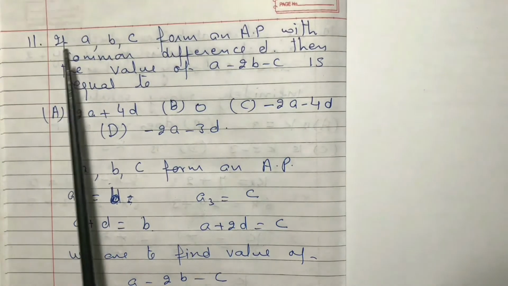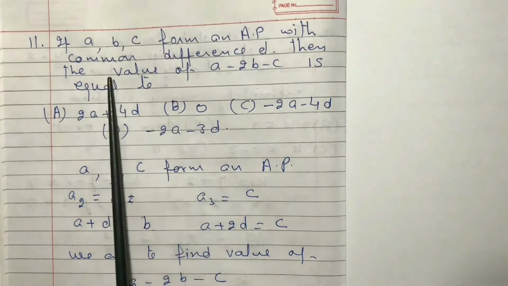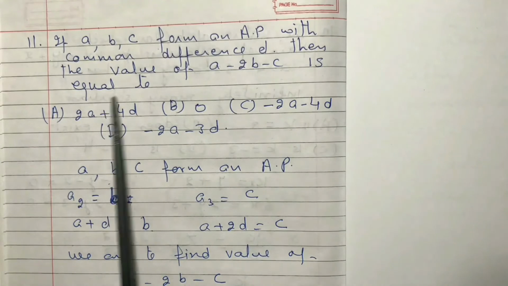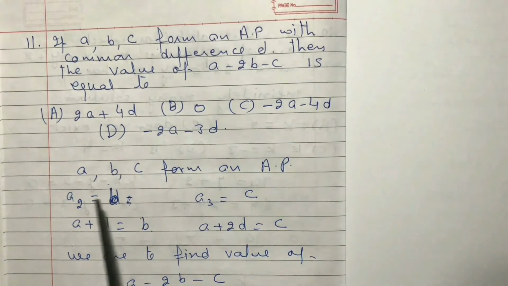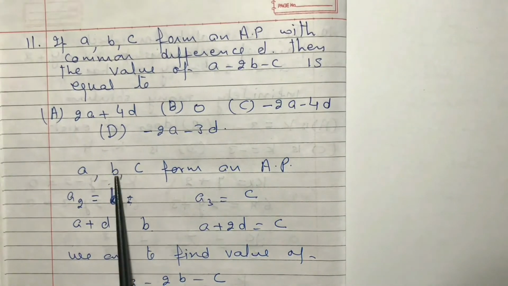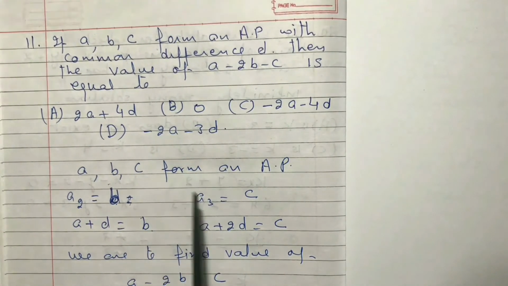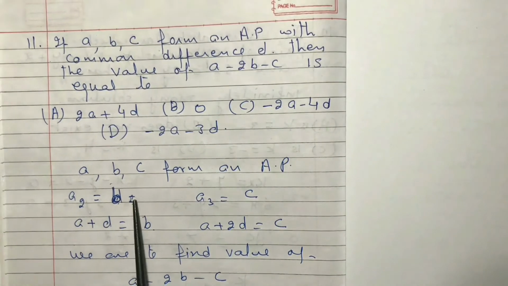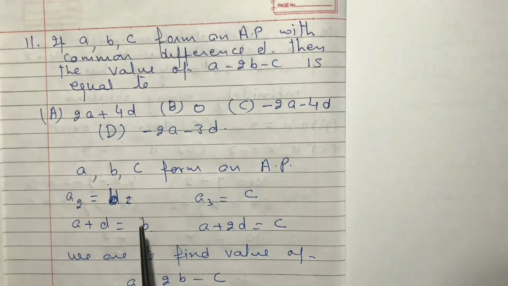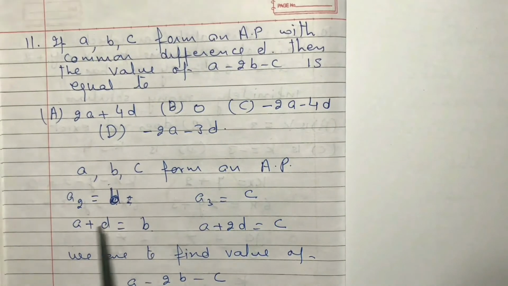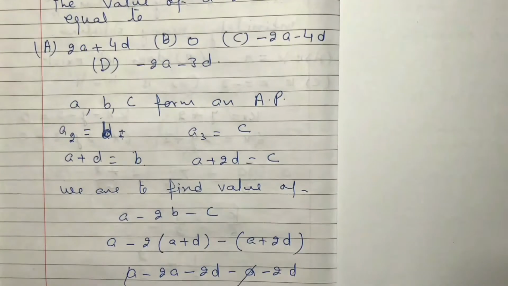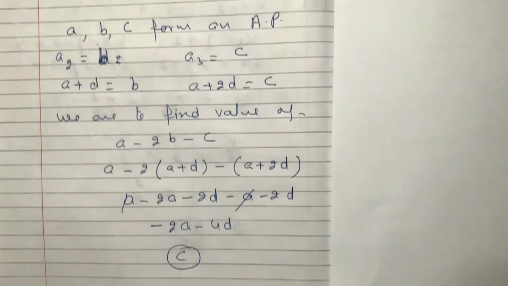Now 11th question. If A, B, C form an AP with common difference D, then the value of A minus 2B minus C is equal to, there are 4 options. Now A, B, C form an AP. So this is the first term, this is the second term, so a2 is B. This is the third term, a3 is C. So a2 is B means A plus D is B, and A plus 2D is C. We have to find the value of A minus 2B minus C. Just substitute the values.